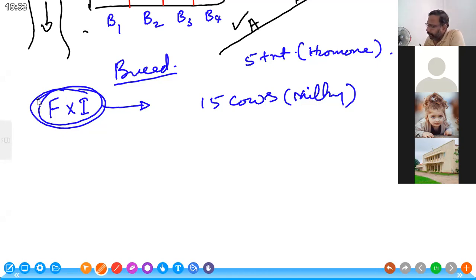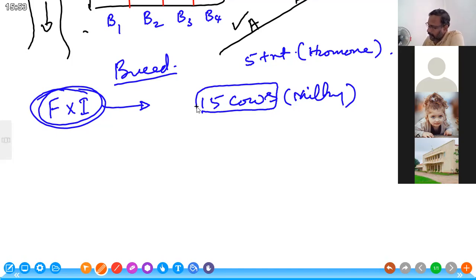So even though we get 15 cows at the milking stage of the same breed, we cannot get all the cows to be the same weight, right? Because it all depends on the weight also. The amount of feed a cow eats totally depends on its weight. So what is the problem?